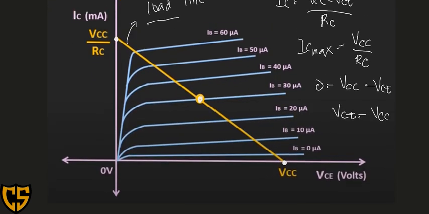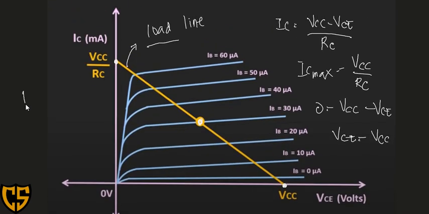So if the value of your IB changes, the value of your IC will also change based on our formula, beta IB. So IC is not dependent on itself; our IB will be dependent on the value of your resistor RB.